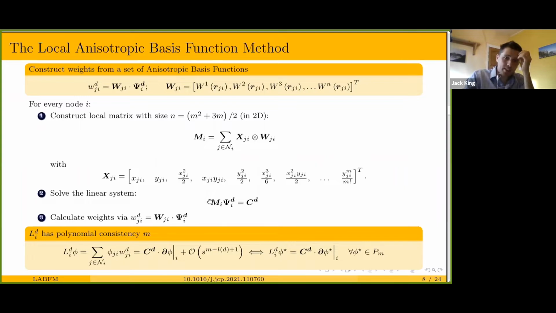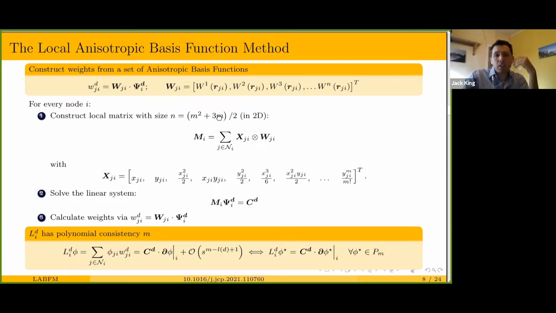If we then write this linear system, any psi which satisfies it will result in the operator L having polynomial consistency of the order determined by how many elements of these vectors we've used. So we solve this linear system, and then we use the psi that we get to calculate the weights.